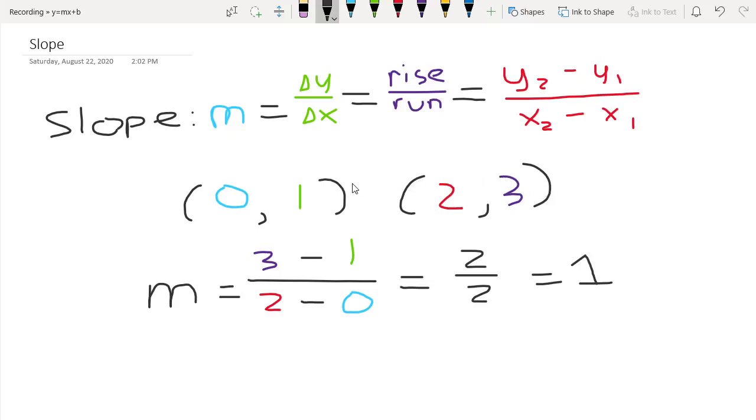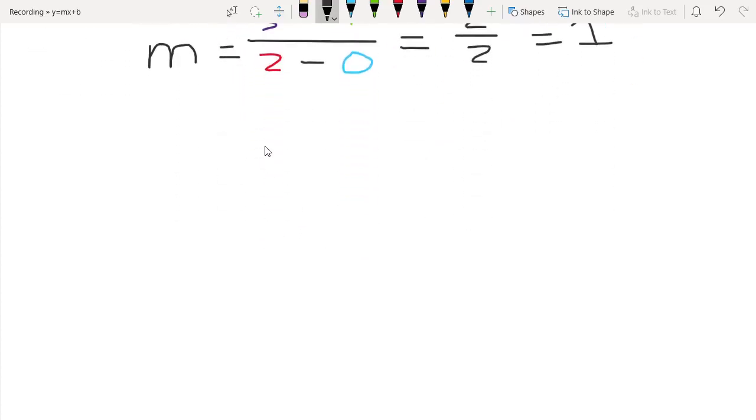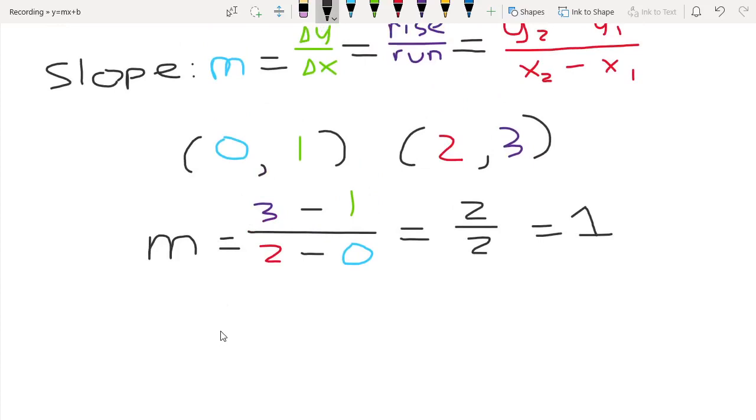Let's try to get to a harder example. So let's say they give us the points 0, 2, and then for this point they give us 3, -4.